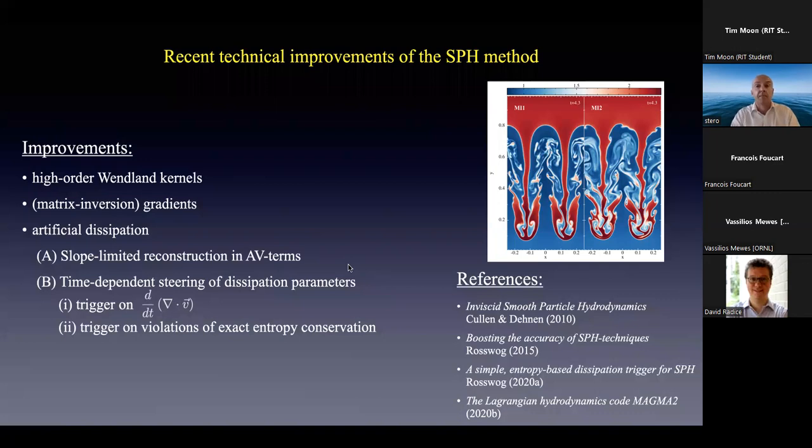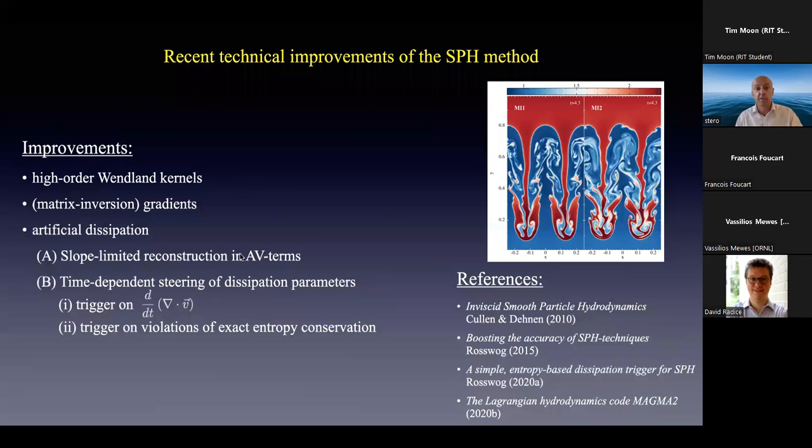And just as a short intermezzo, I just want to say a couple of things about SPH. There have been in the last few years a couple of improvements which have all gone into our new code, into this Sphinx PSSN. And they involve a couple of new kernels that actually make a pretty big difference. Then this method still uses an artificial viscosity, but within the artificial viscosity it uses slope-limited reconstruction.